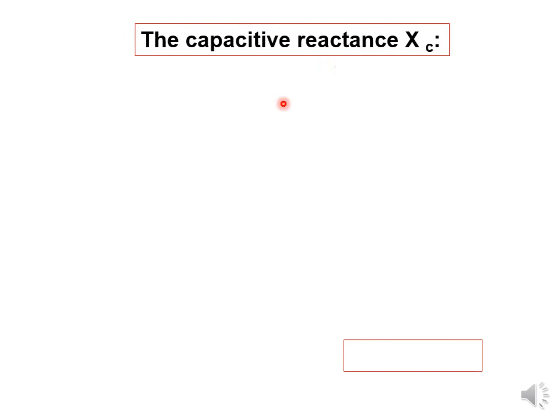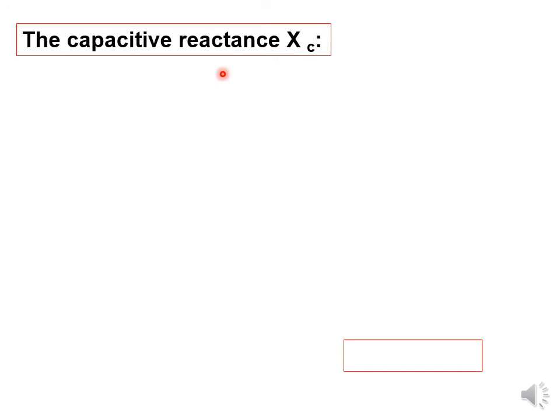The capacitive reactance Xc is an opposition due to the existence of a capacitor in an alternating current circuit.